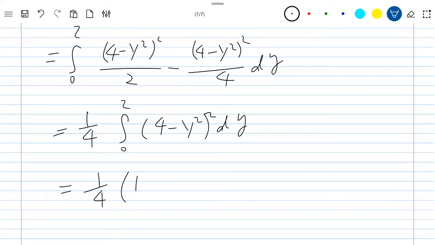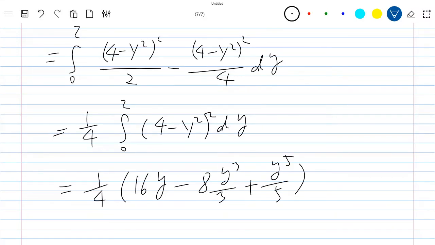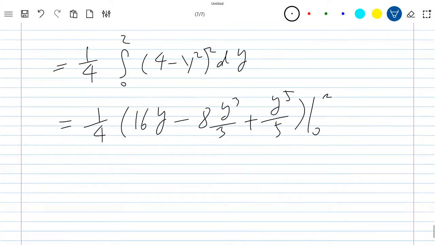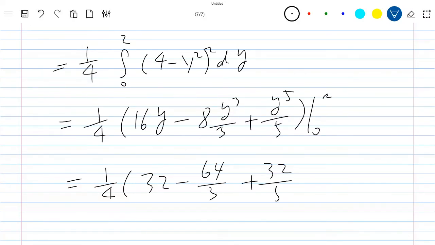So you get a 16y, then you get 8y cubed... y cubed over 3, then plus y to the 5th over 5, and then plug in 0 and 2. Alright, let's see what you get. 1/4, then you plug in 2: 32 minus 64 over 3, plus 32 over 5.